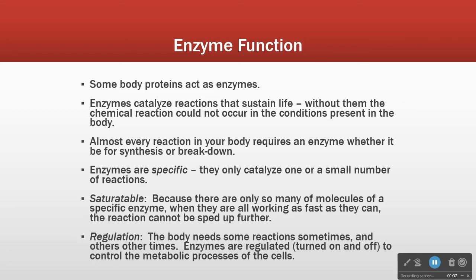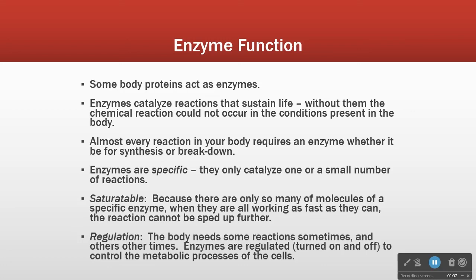Okay, so here, I'll just give you an example. You've got a beaker that's got a ton of glucose in solution in it, right? Into that beaker, you put a fixed amount of enzyme that breaks down glucose, right?